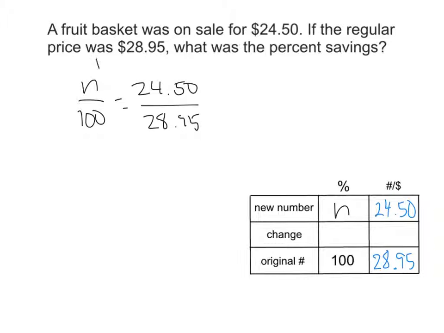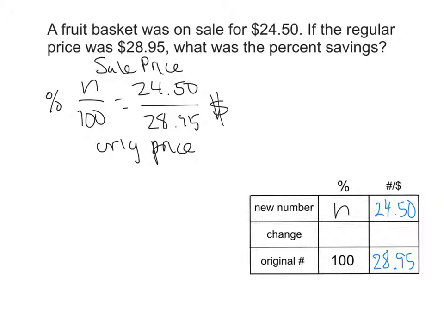This is the new number, or the sale price. I'm going to actually write sale price here so that we see what we're talking about. Keep good labels here. The original price. This is the percent side. This is the dollar side.